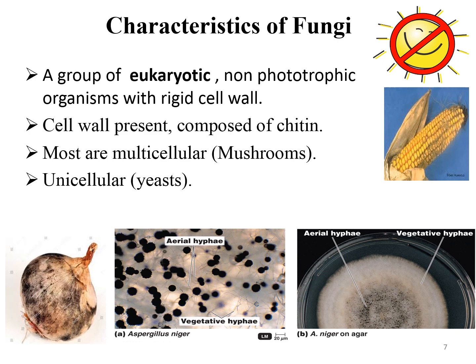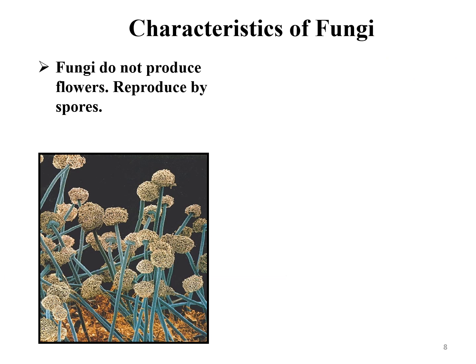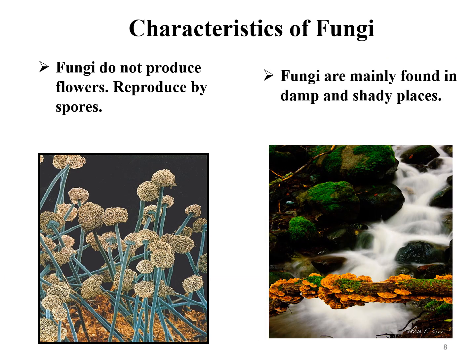Most are multicellular, for example mushrooms, and some are unicellular, for example yeast. Fungi are mainly found in damp and shady places. Fungi do not produce flowers, but they reproduce by spores.